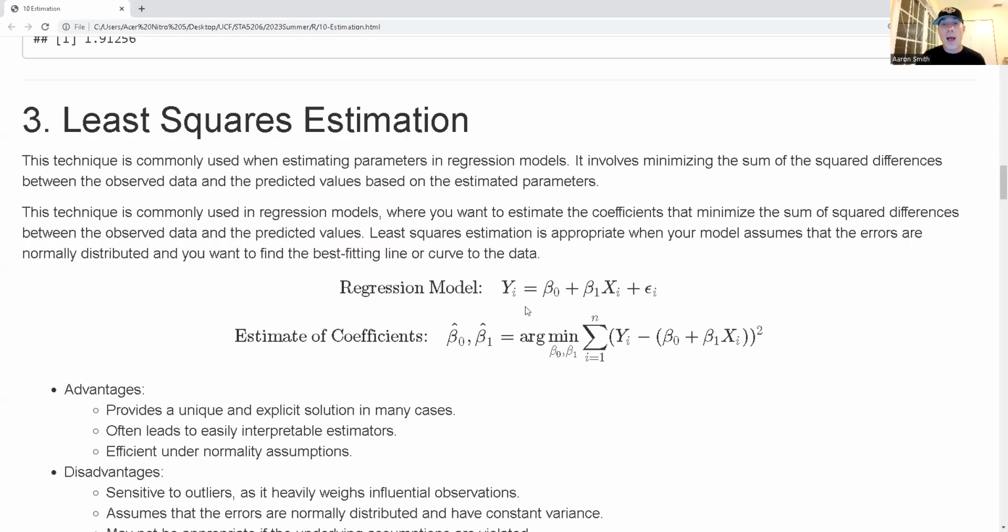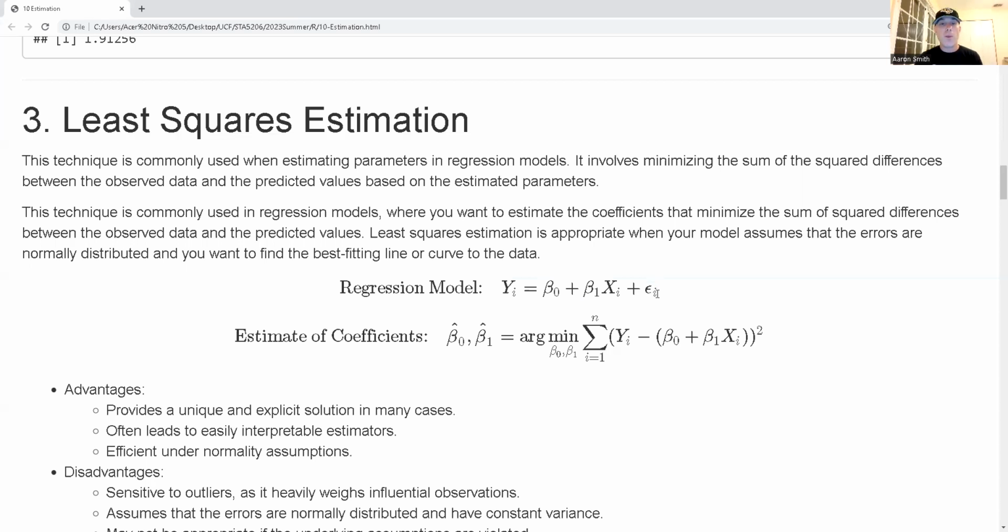And so here, my understanding of the system, maybe as a physicist or an engineer, is that I have this equation relating X and Y, but I don't know the exact value of the intercept. I don't know the exact value of the slope. Now here, this is my random term.